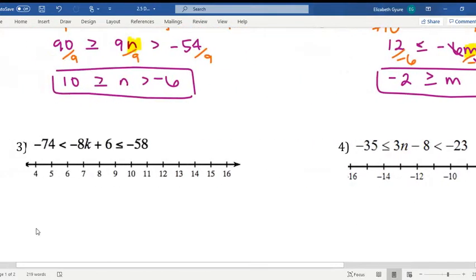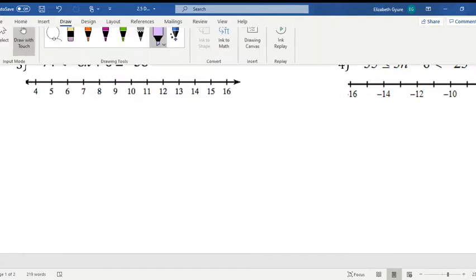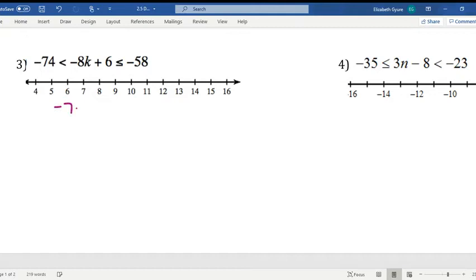All right, number 3. This one we're going to do together again, and then I'm going to have you guys try out 4. So number 3, we have negative 74 is less than negative 8k plus 6 is less than or equal to negative 58.